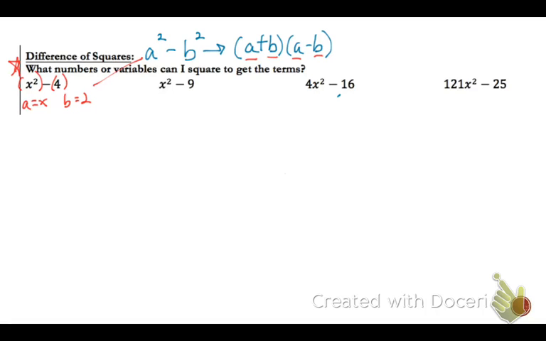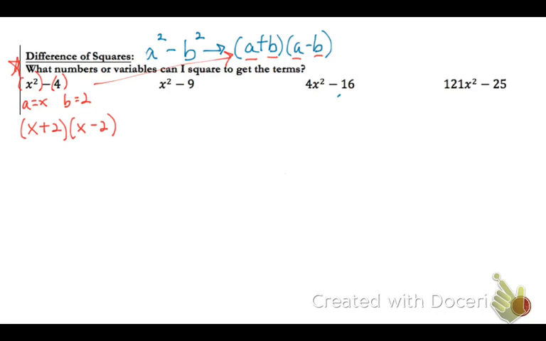So now kind of follow this formula, if you will. We're not going to look at the left side of it. We're going to look over here at the right side. So x squared minus 4 will break apart into our A term, which is x, plus 2 times our A term minus 2.